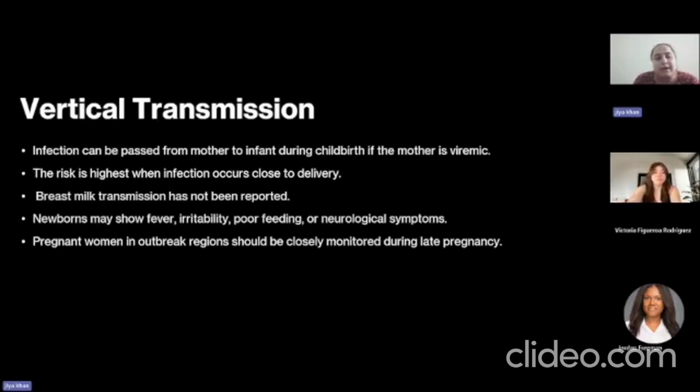Most newborns who become infected may develop fever, poor feeding, and irritability. Pregnant women living in or traveling to outbreak areas should be monitored closely during late pregnancy, especially if the mother is viremic, which means having virus in their blood. And they have to be monitored even more closely when it's time to give birth.